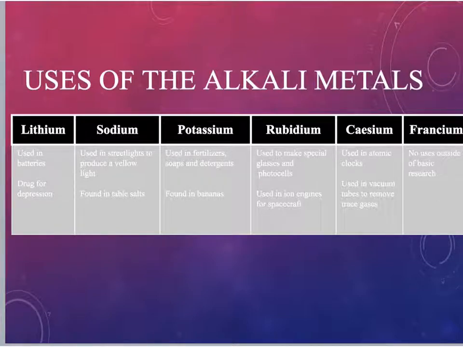It's also found in common table salt. Potassium, as you will look at in NPK fertilizers in the triple chemistry unit, is used in fertilizers, soaps and detergents. It's also found in bananas. Finally, we have some uses for rubidium, cesium and francium, although for GCSE we do not look at these metals.